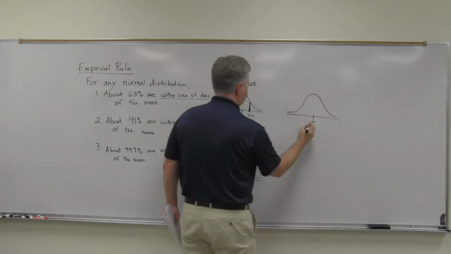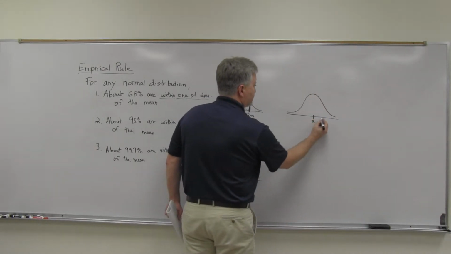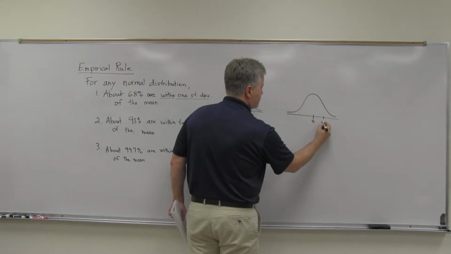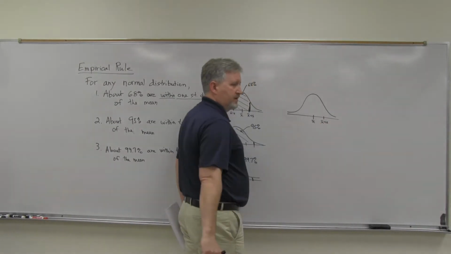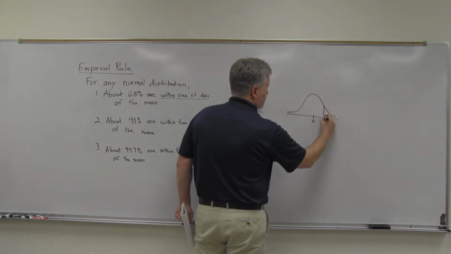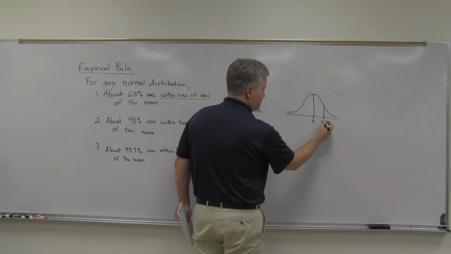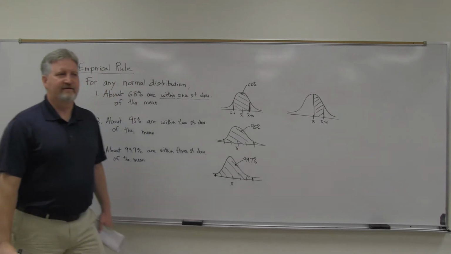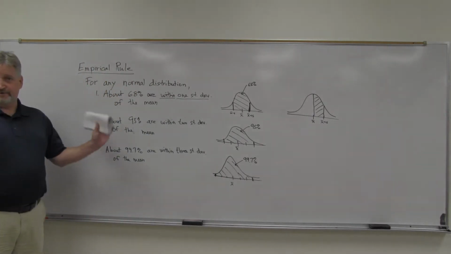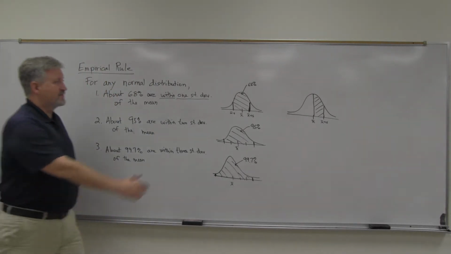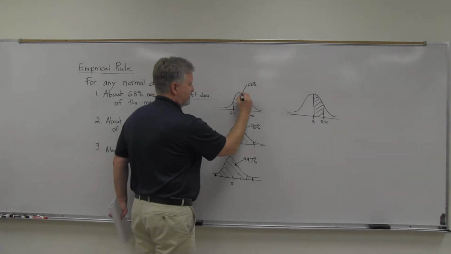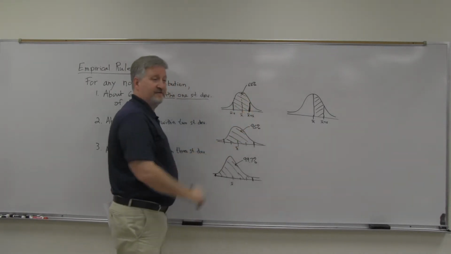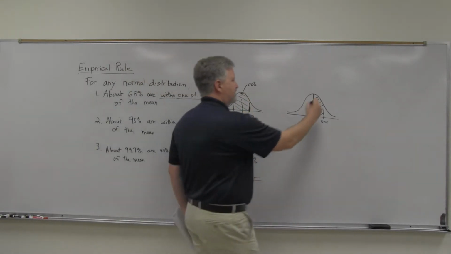All right, so for this first one, I got the mean. If I just went to one standard deviation above, and then I go from the mean just to that, what percentage would you say that is? Symmetrical. So this is 68. 34. It's half of 68, isn't it? Yeah, this is half of 68.